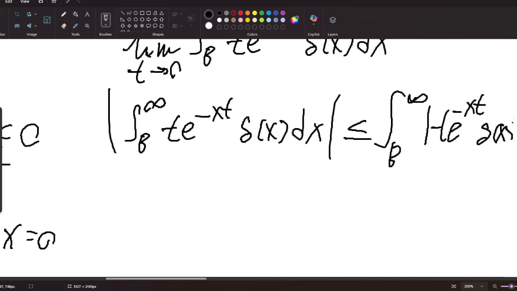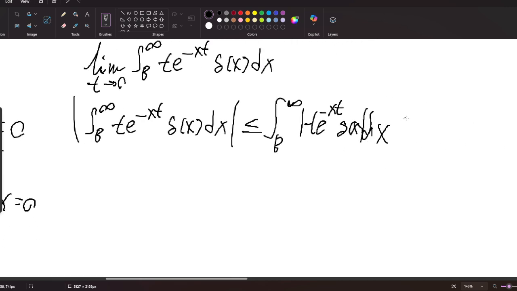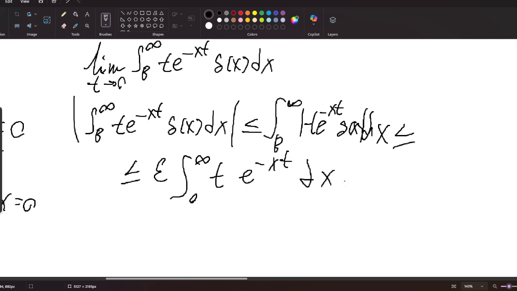So this is our first transformation, and next thing we're going to do is, the absolute value of delta of x is going to be less than epsilon. That means that epsilon times the integral from b to infinity of t times e to the power of minus xt dx is going to be greater than this thing.